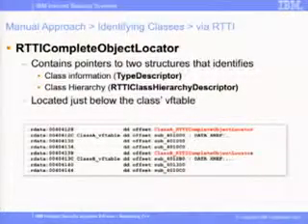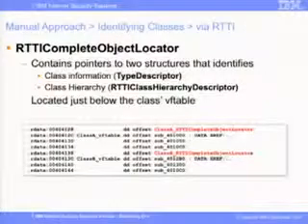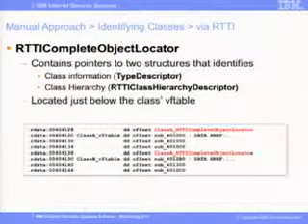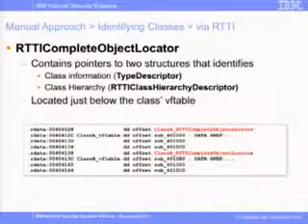So finding the RTTI involves finding a vftable. When you load a sample in IDA, you will see several pointers throughout the code. If you look one DWORD before, and you see a pointer to what looks like a data structure, then probably it is an RTTI complete object locator.